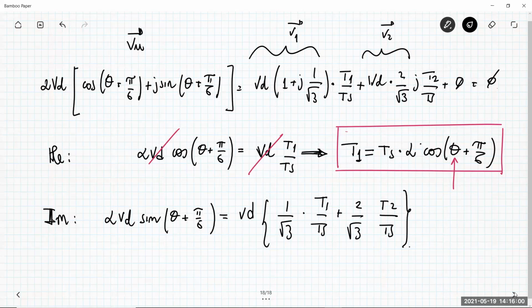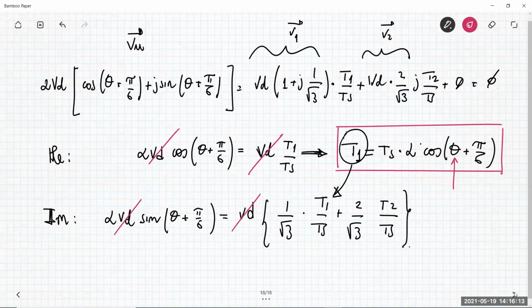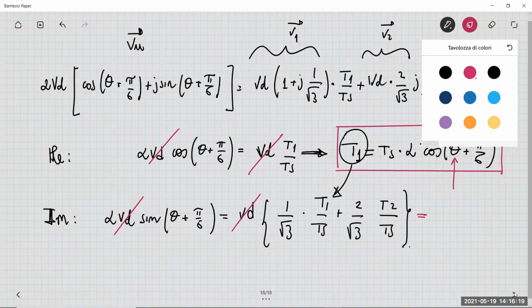Pay attention that we already know which is T1, so I can use T1 over here. Vd and Vd simplify. You can perform this computation, it is not so difficult, I have to say.